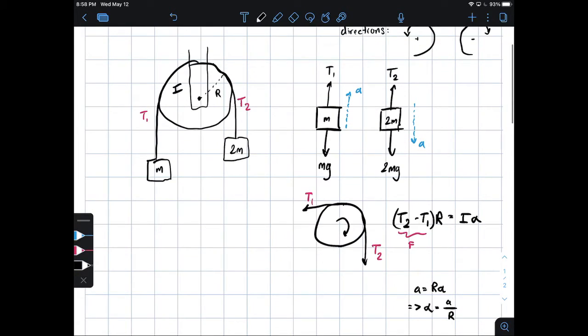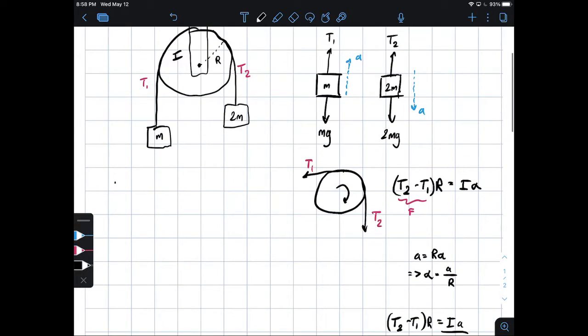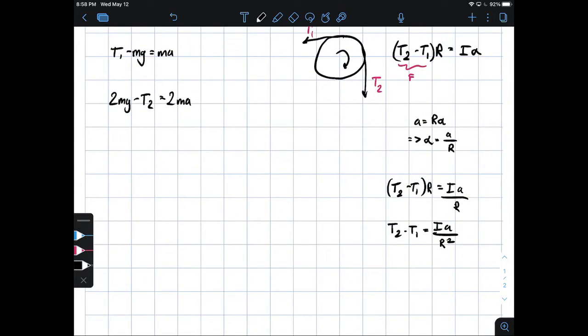We didn't actually create the equations for the blocks, but we can do that quite easily. T1 wins in this case, so T1 minus mg is equal to ma, and we know that 2mg minus T2 is equal to 2ma. And then I will transplant this equation right here: T2 minus T1 is equal to I a over r squared.